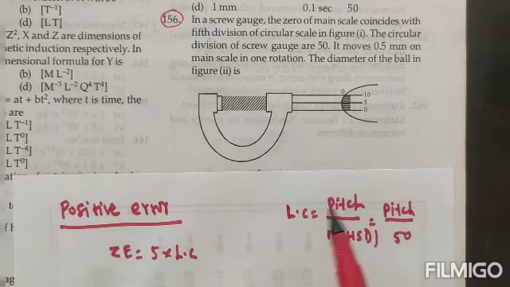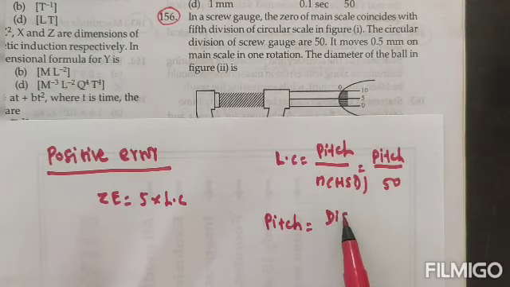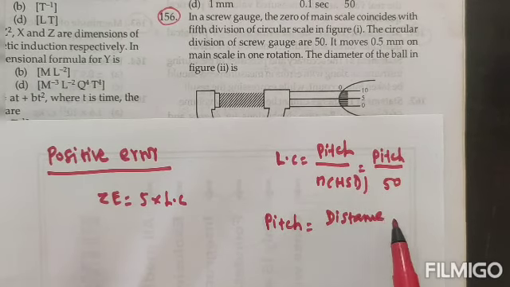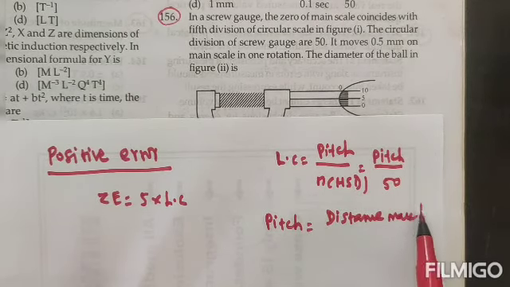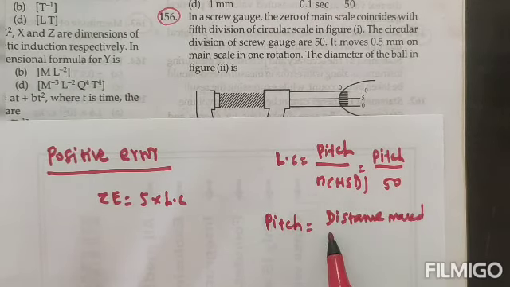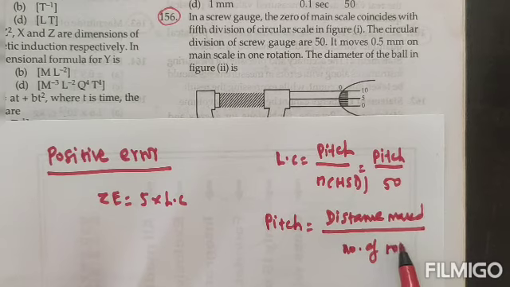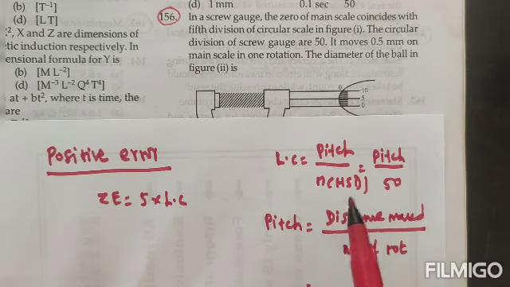The pitch value formula, you know, is the distance moved on the head scale divided by the number of rotations. How much distance is moved?